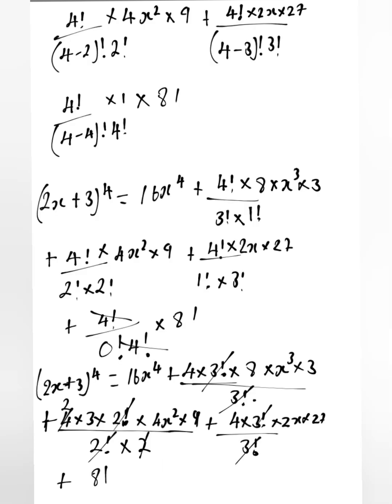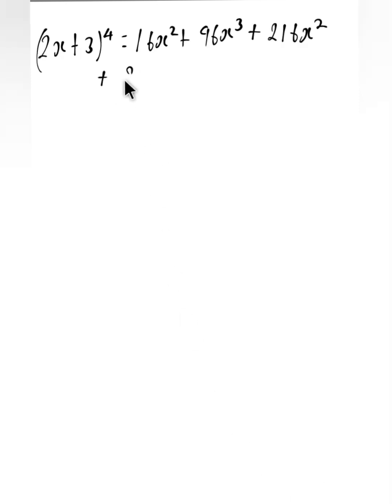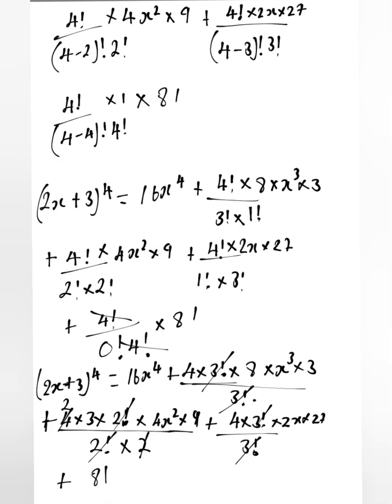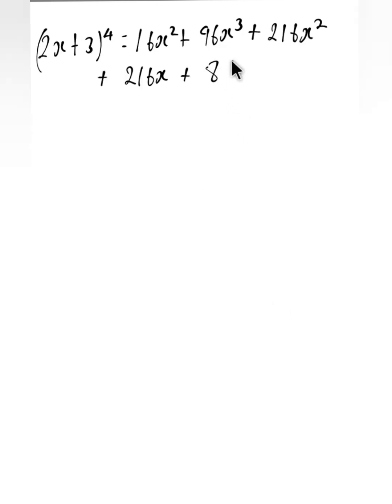Plus 4 times 2 is 8, 8 times 27 is 216, x. Plus 81. And this is the answer.